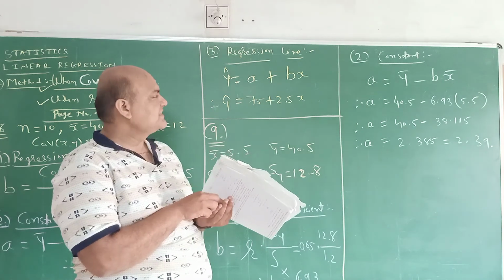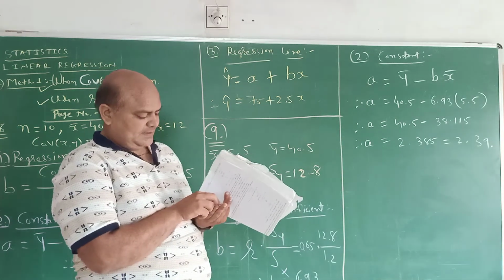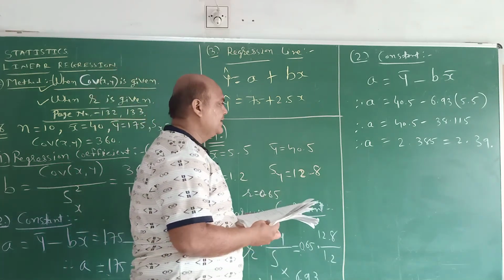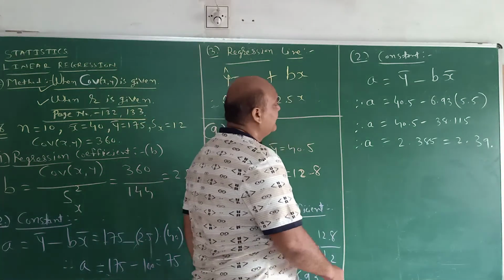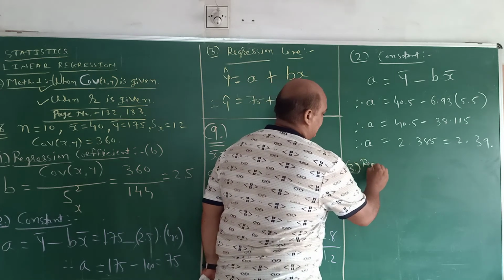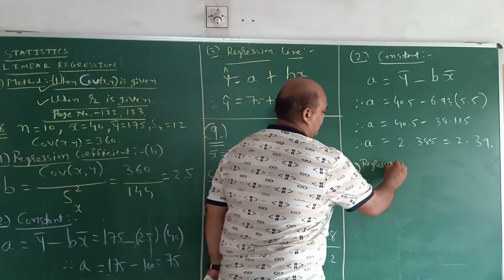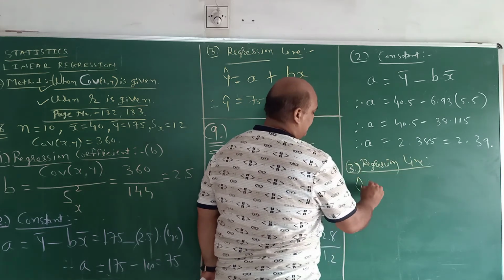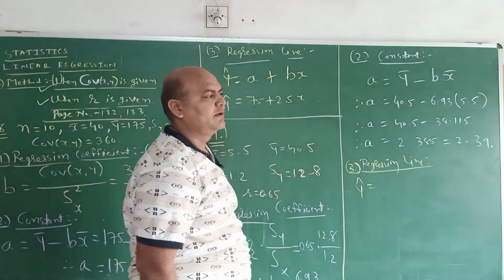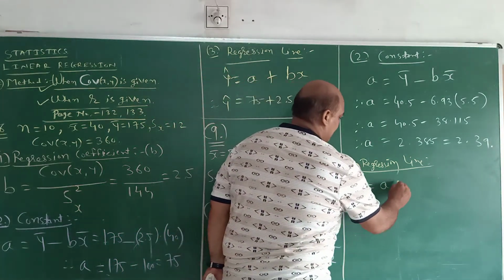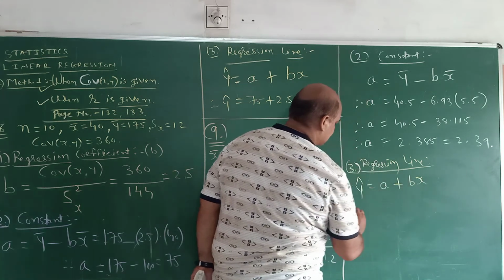Now we move towards our third step, and the third step is regression line. Regression line is denoted by y cap. Y cap is equal to a plus bx.